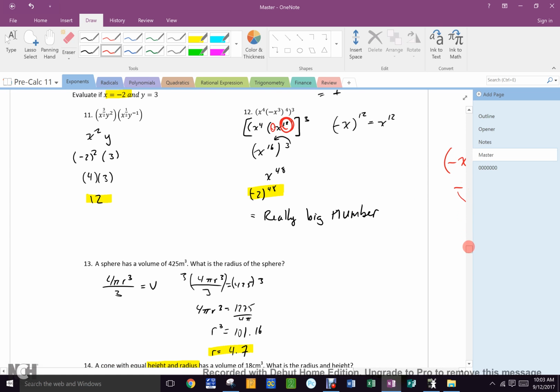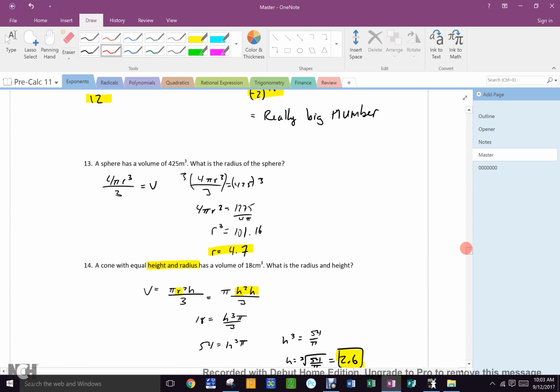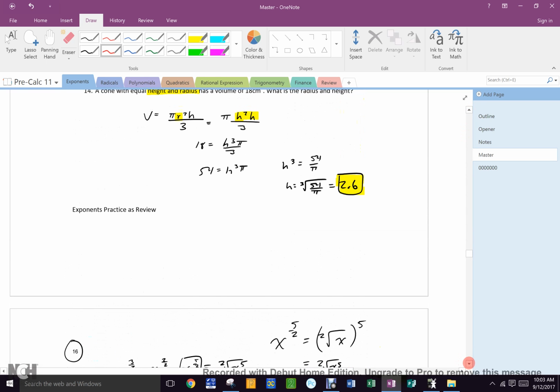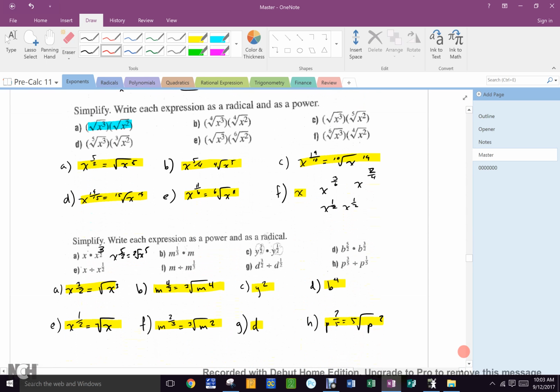So let's slide down a little further here. 2.6 was number 14. Is everybody okay with them? Yeah? All right. And here are the right answers here. They're all highlighted in yellow.